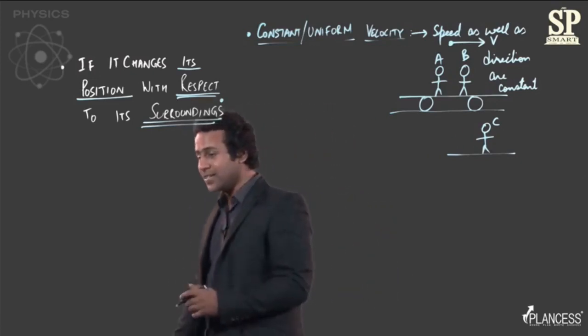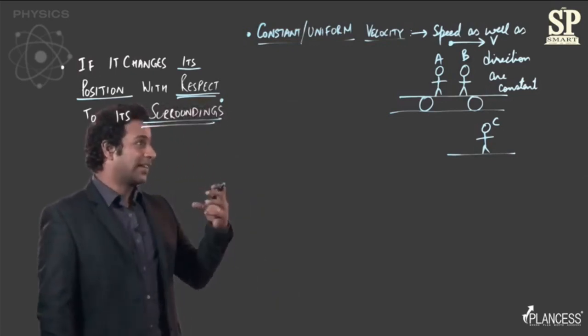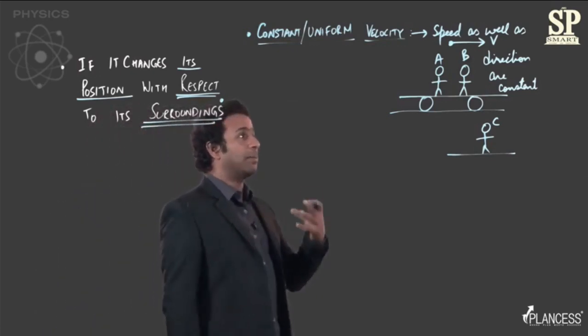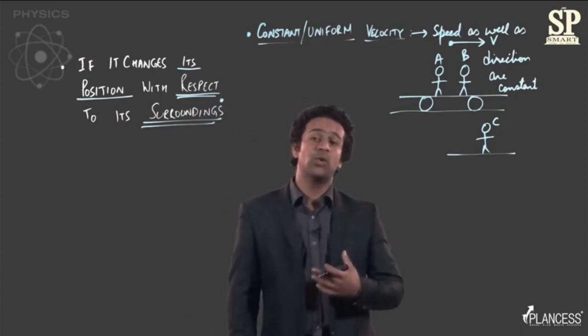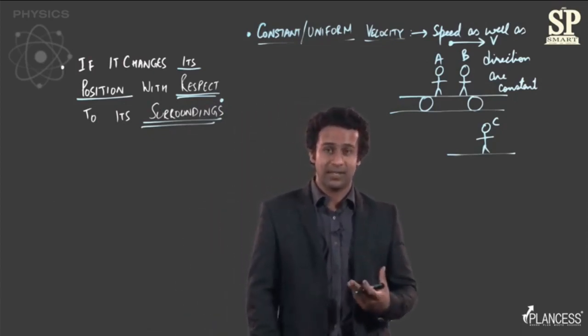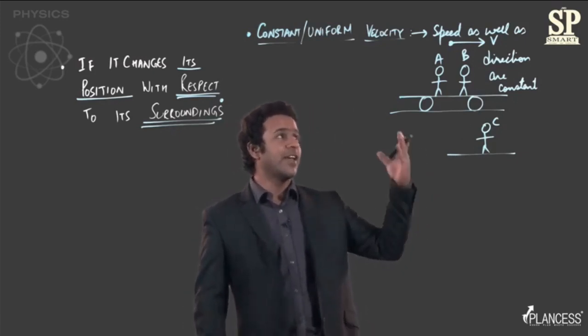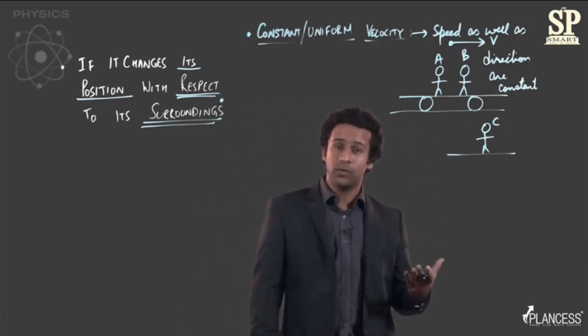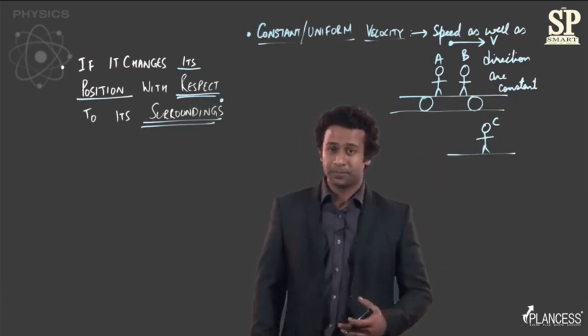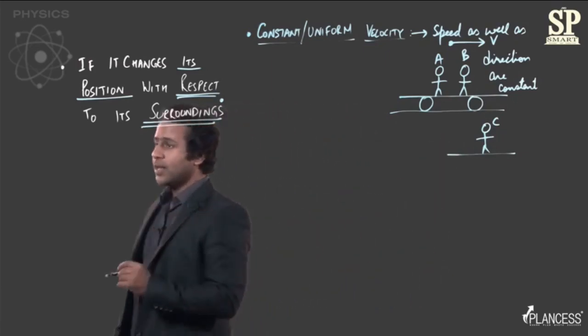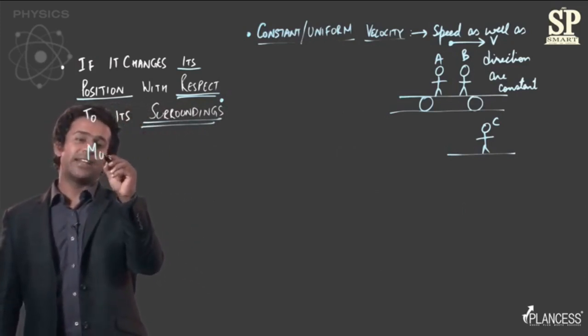What this means is, when we are questioning whether or not B is moving, we must specify with respect to whom this question is being asked. For example, in this case, if you ask A, he would say B is not moving, whereas C disagrees and sees that B is moving. So, motion is always relative.